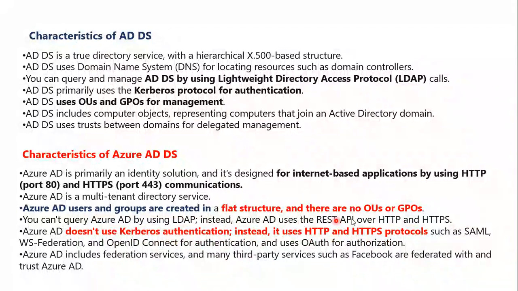Coming to Active Directory, it supports group policies, management and organizational units. There is no such concept in Microsoft Azure, but to manage policies there is a concept called Intune. So it is not integrated like our on-premises solution with OUs and GPOs.